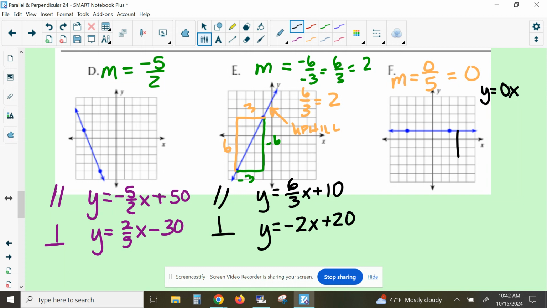What's my y-intercept in this picture? The y-intercept is where it crosses the y-axis, right here. I heard 1. So plus 1. So the equation of this line is this, right? But we don't write 0x, because if we have 0 x's, we don't have any x's. So people just write, the equation of this line is just y equals 1.